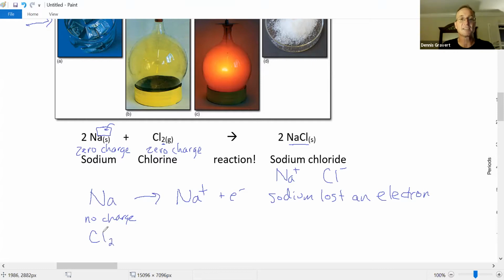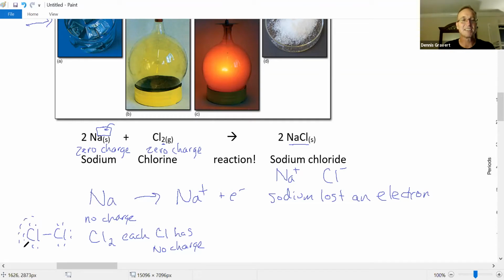So Cl2, HCl has no charge because we have covalent bonding, right? We can draw a quick Lewis dot structure. 8 dots around each atom make for a stable Lewis dot structure.